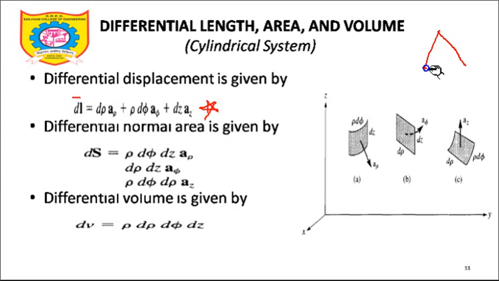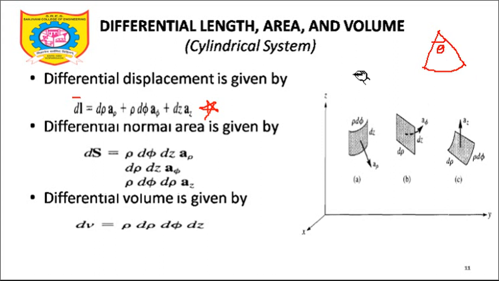An arc has a certain angle, phi or theta, whatever angle you want to take, and it is at a certain radius. So to calculate the arc, you need the angle traced by this arc, and you need the radius also. So arc means angle plus radius.